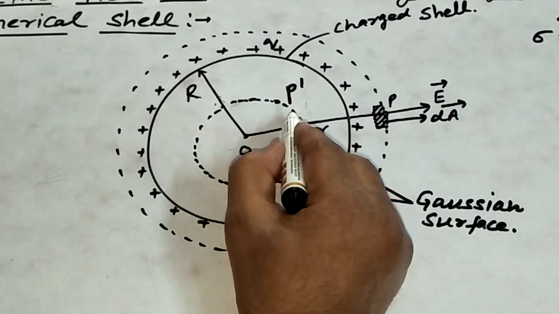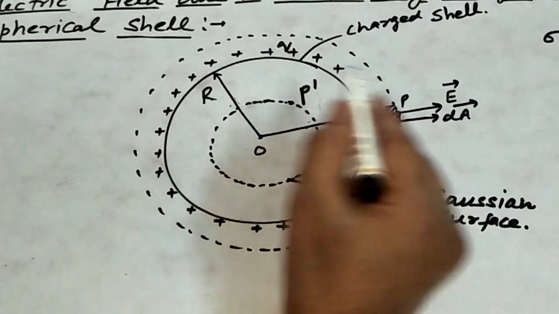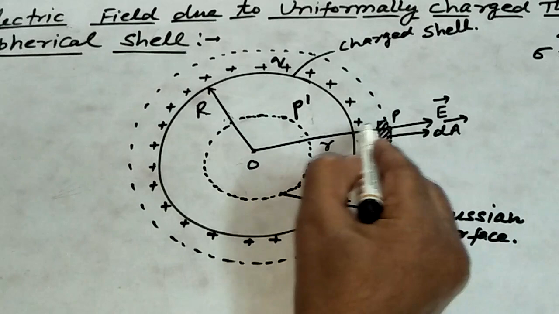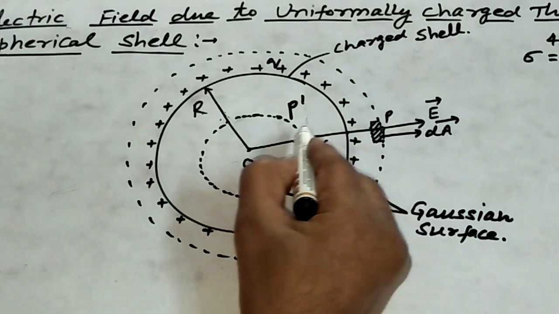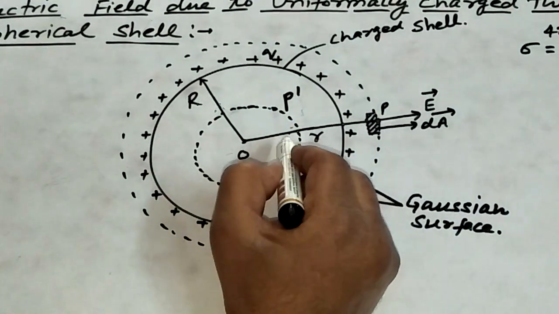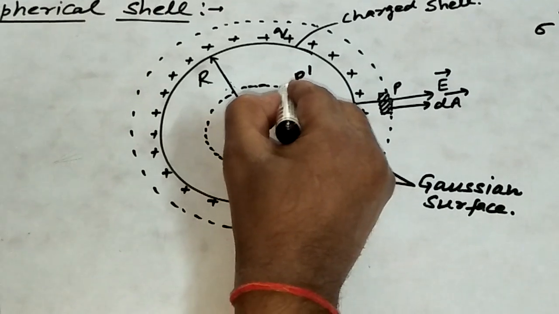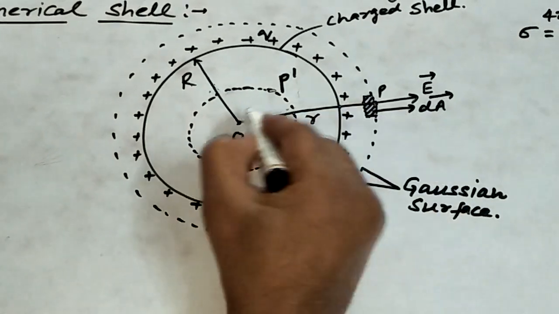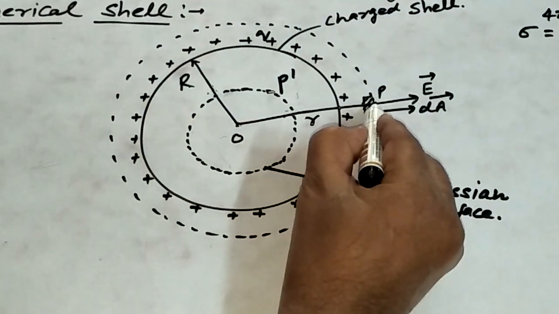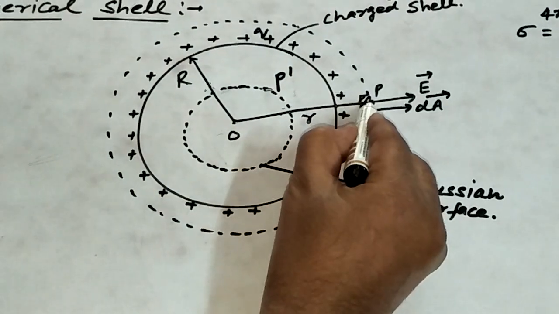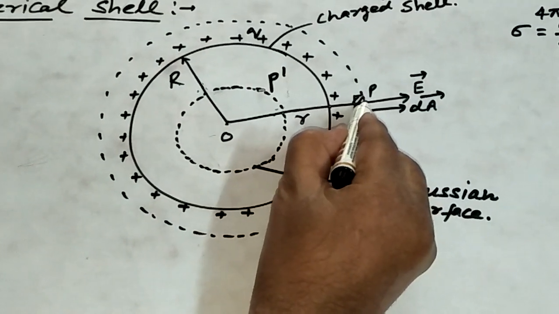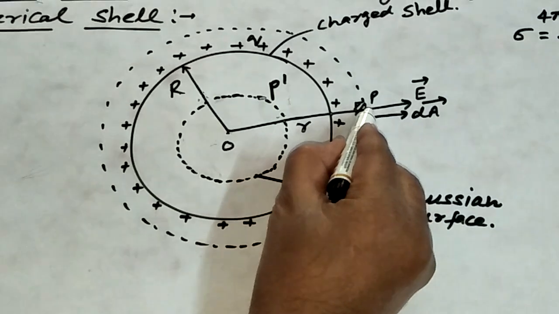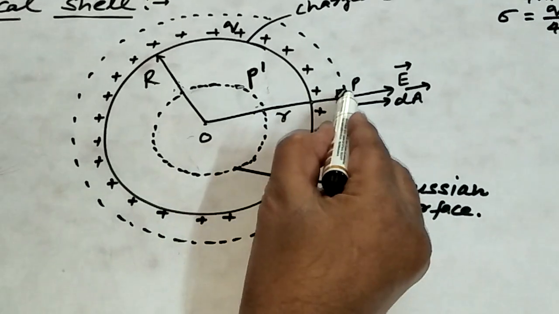So our aim is to find the electric field at any point outside the cell, on the surface of the cell, and inside the cell. For this purpose, suppose I am taking a point P at distance small r from the center of the cell, where the electric field is to be determined. Remember, this point P lies outside the cell.